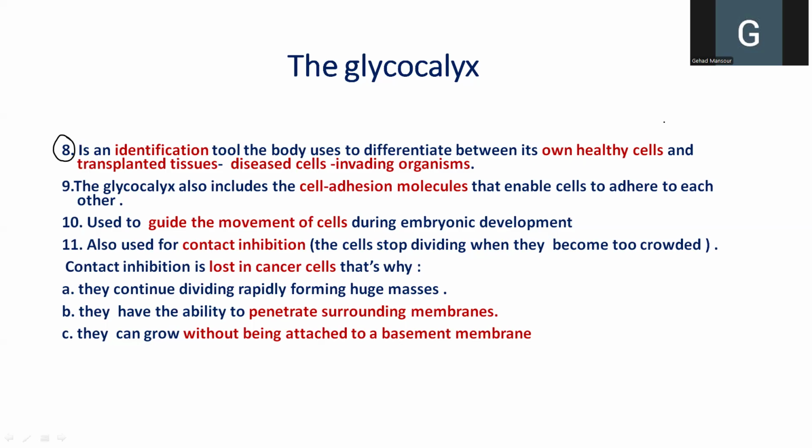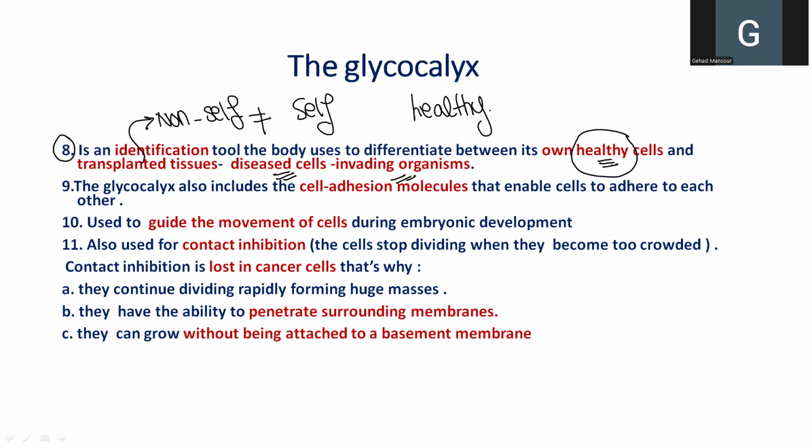So the glycocalyx helps the immune system differentiate between healthy cells and diseased cells, or between our own healthy cells and invading organisms like viruses and bacteria, or between our own healthy cells and transplanted tissues that might be non-self tissues. So it helps differentiation between non-self and self, and between healthy cells and diseased cells.